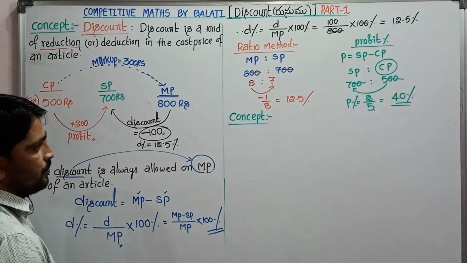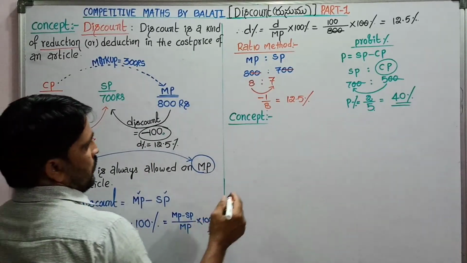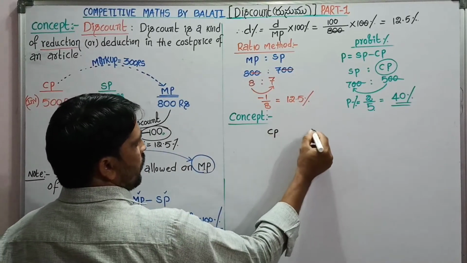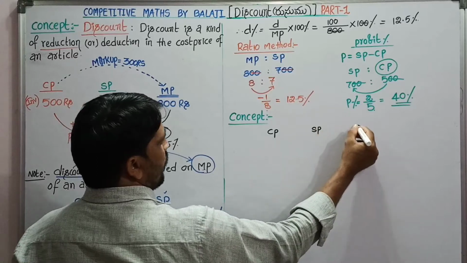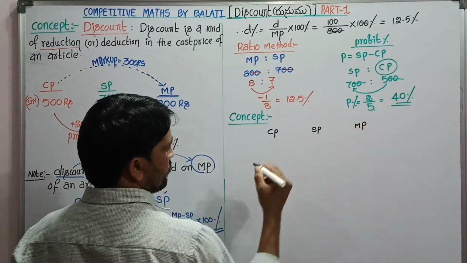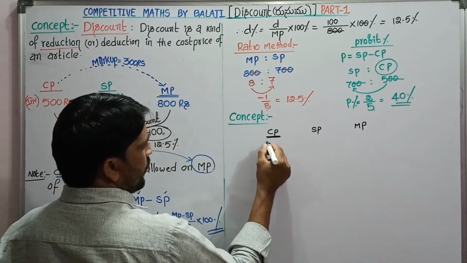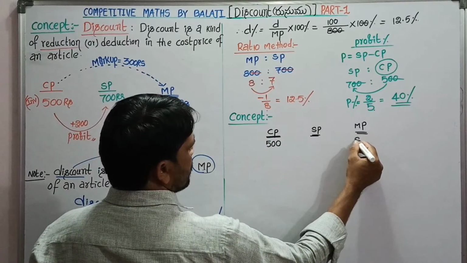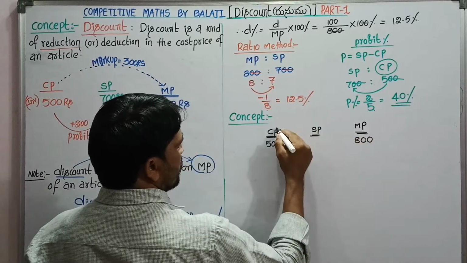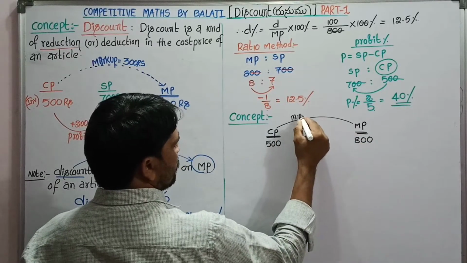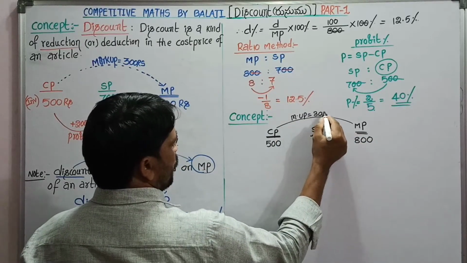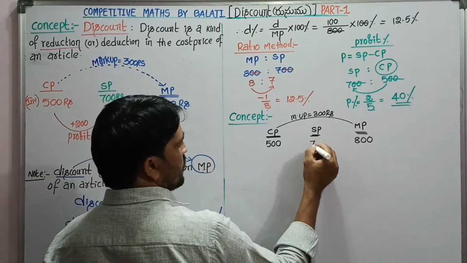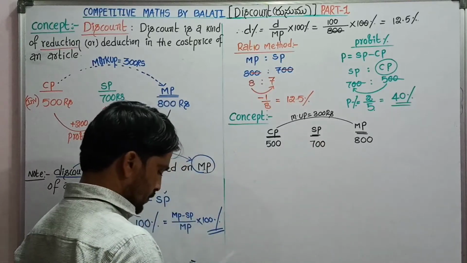Next concept. Consider CP, SP, MP. Here we have CP is 500, market price is 800, since markup is 300 rupees over cost price 500, and selling price is 700 rupees.